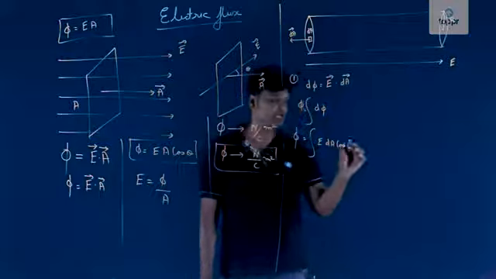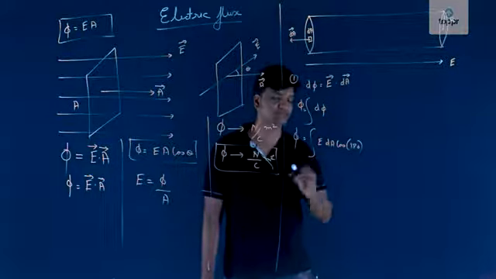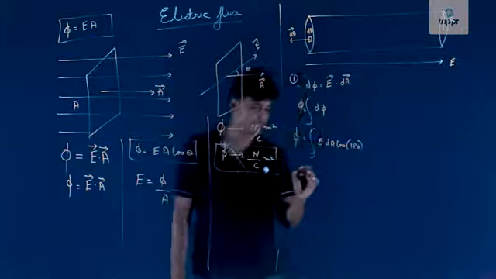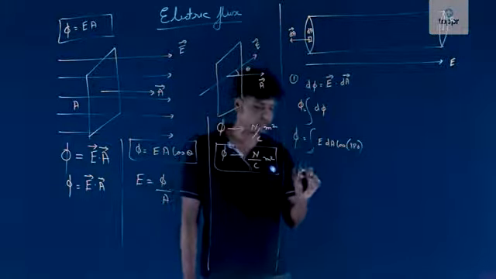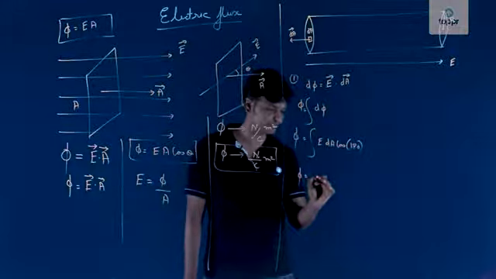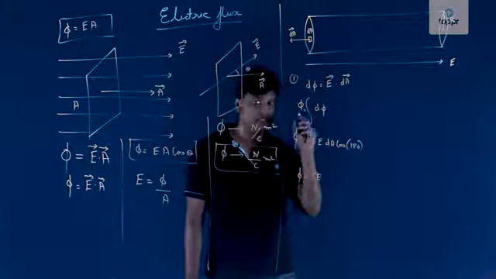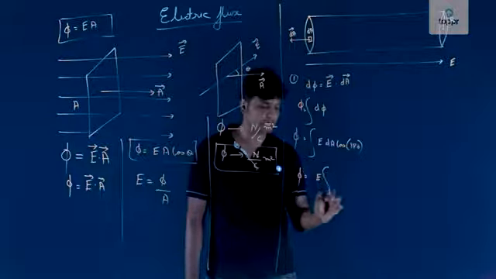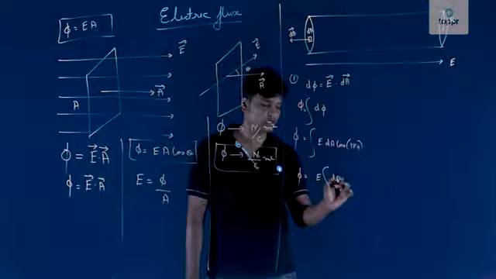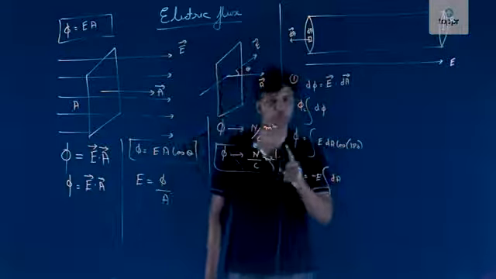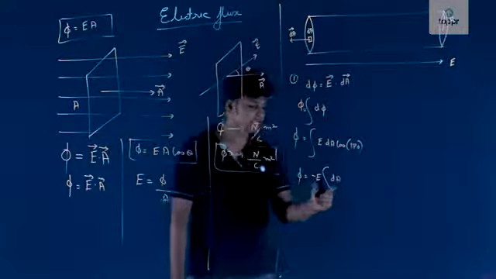So the angle is 180 degrees. Cos 180 is minus 1.